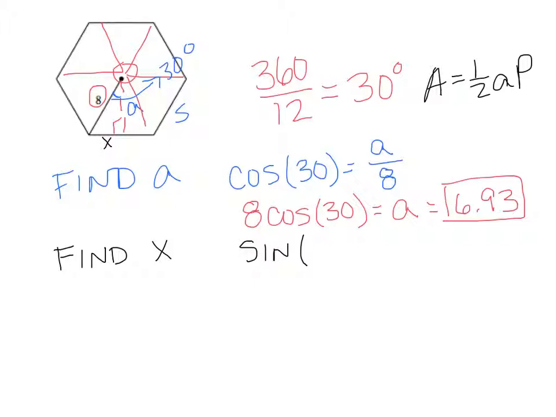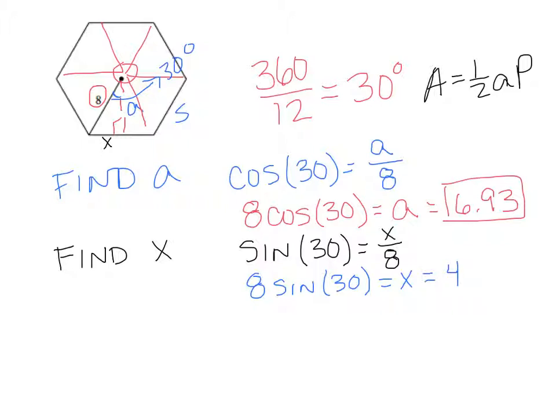So sine of 30 equals my unknown part divided by the hypotenuse, which is 8. Again, we're going to apply a little bit of algebra, so we're going to end up with 8 sine of 30 equals that missing amount, and that missing amount is 4.